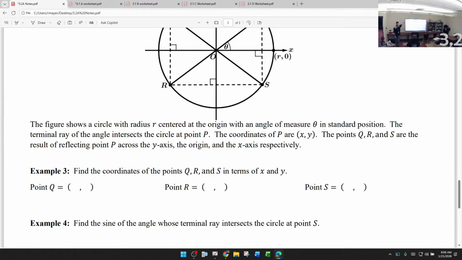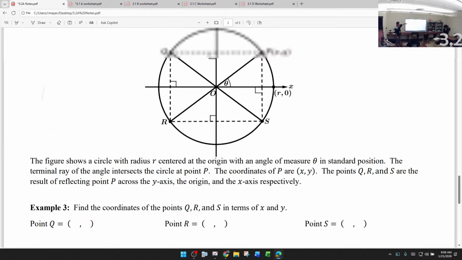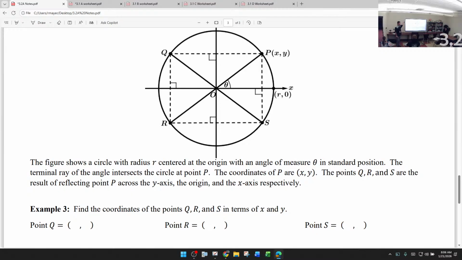I'm glad they didn't tell me in terms of numbers because I don't know numbers. Q should be really easy because Q is just like P, except Q has to be a negative X, but Y is still positive. R, pretty easy.